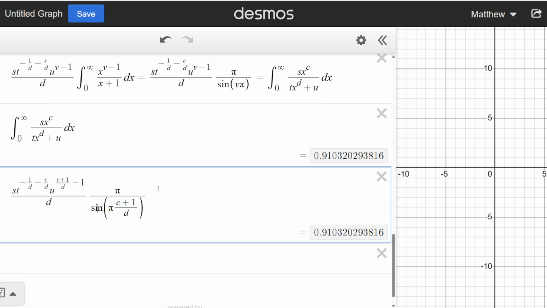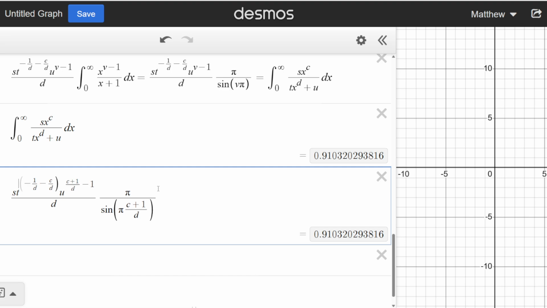Let's put parentheses around this and factor out a negative. And then we'll have 1 plus C over D, well, we'll call it C plus 1 over D. And then let's call this one D over D. So we can just have a C minus D plus 1 all over D.